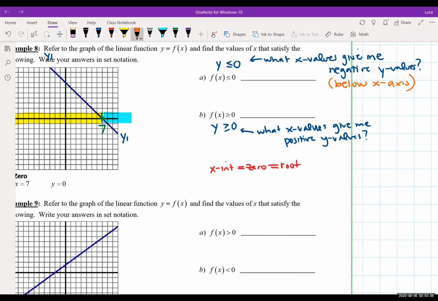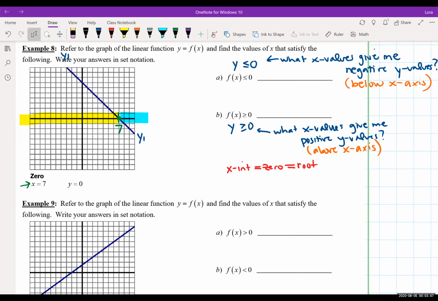And positive y values are above the x-axis. And I know you're used to that, but sometimes we don't think about it that way. So I just want to connect all of those ideas that you've probably had, just to put them in one place.